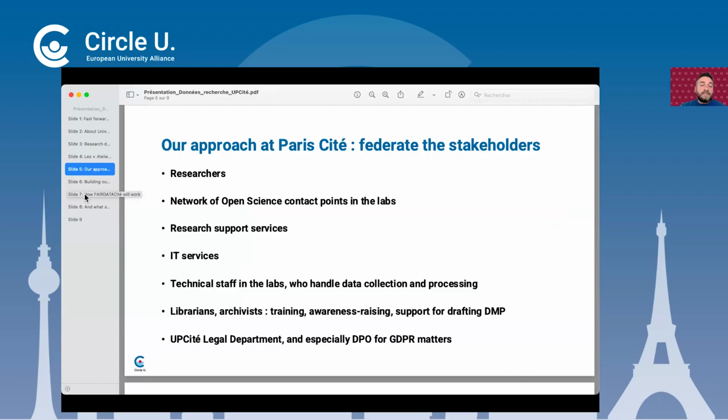Our IT services are, of course, essential partners too, as are the technical staff in the labs who handle data collection and processing. And finally, librarians and archivists play a crucial role in training, awareness raising, and support for drafting data management plans, working closely with our legal department and our data protection officer regarding GDPR compliance.